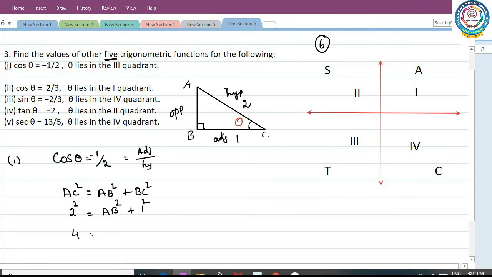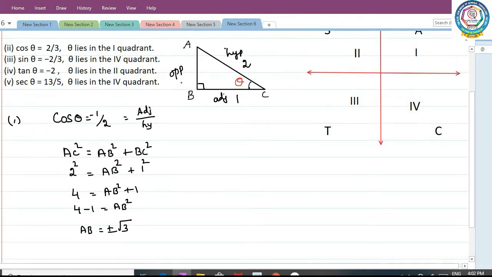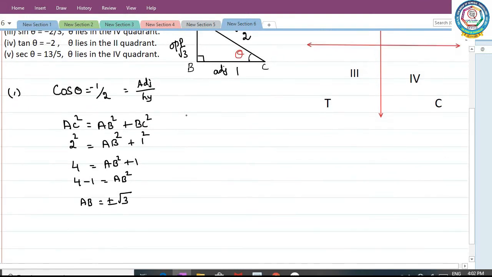So 4 equal to AB square plus 1. So 4 minus 1 equal to AB square. Therefore AB is equal to plus or minus square root of 3 we know. So what is the opposite side we got? Square root of 3.